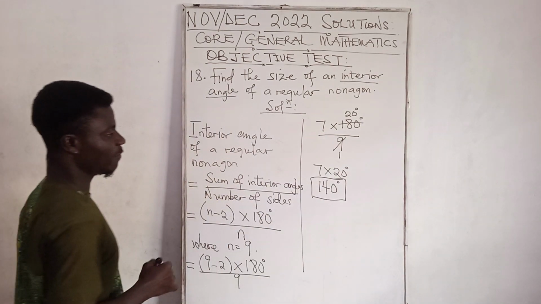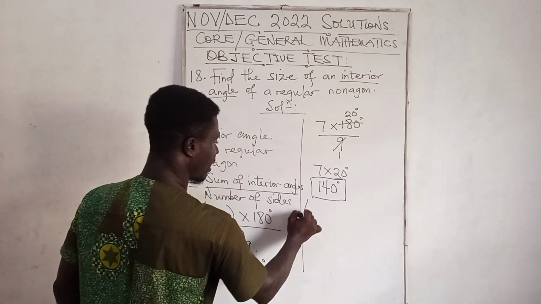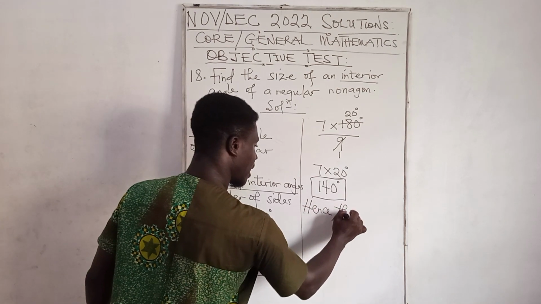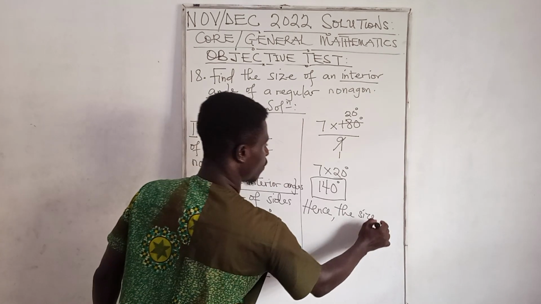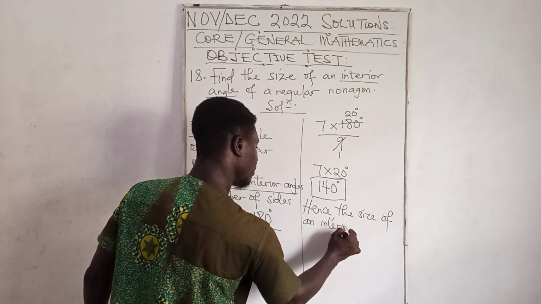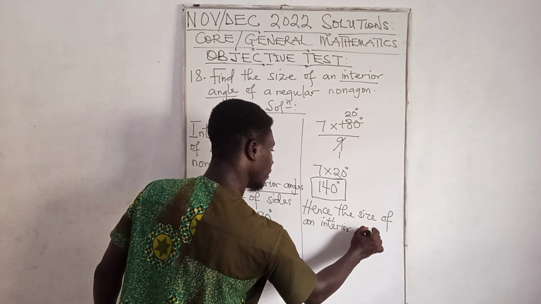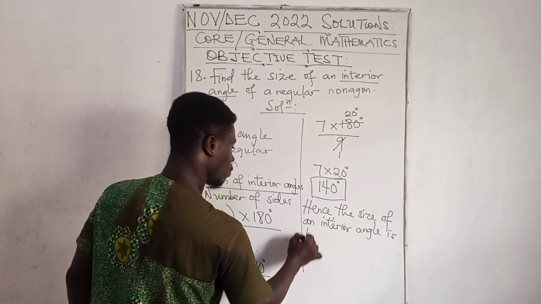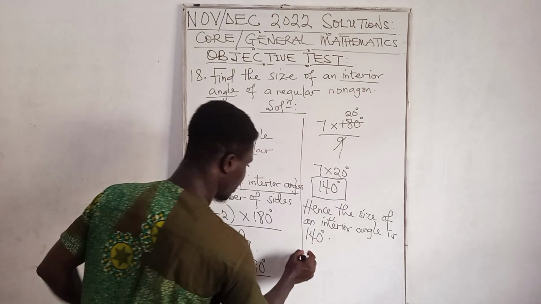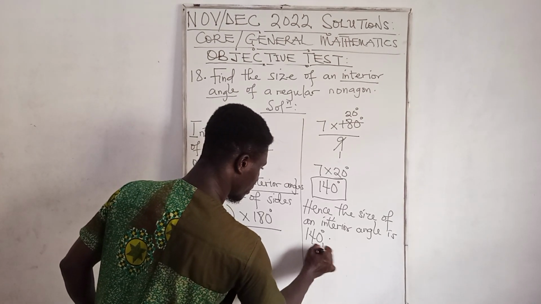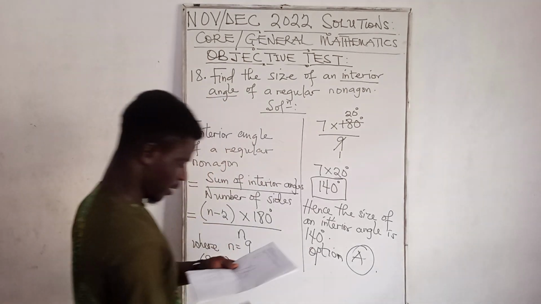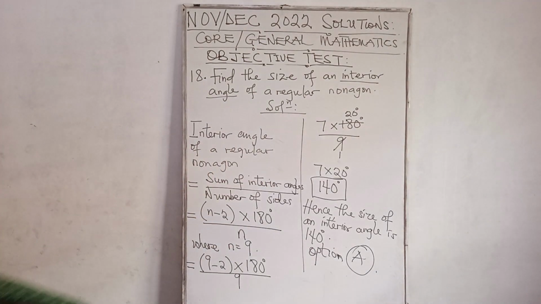So we have 140 degrees. So hence, we can say that the size of an interior angle is 140 degrees, which goes to option A. Option A for apple.